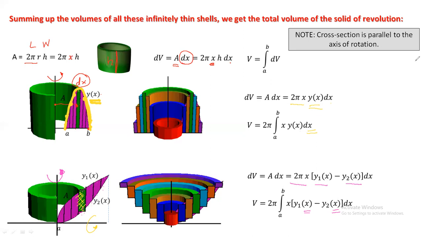Any question? This is one shell you have, another shell for this area. So that area is actually the leaf-like area.